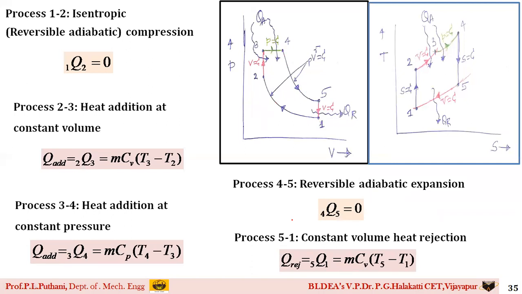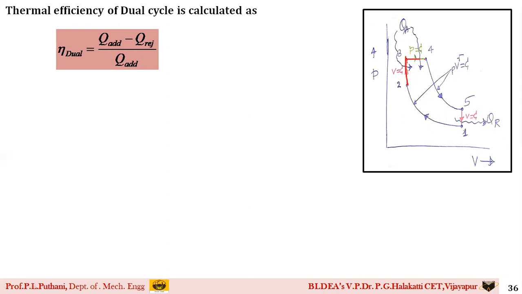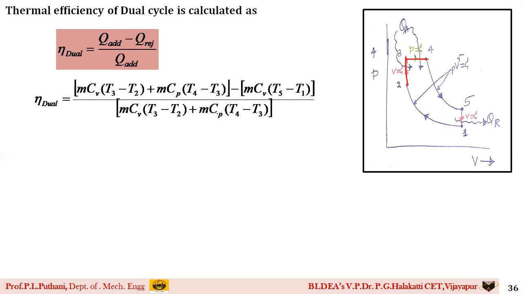Now I will calculate the thermal efficiency of this dual cycle, that is heat addition minus heat rejection by heat addition. Remember students, very important step here, the heat addition takes place in 2 stages, that is 2 to 3 as well as 3 to 4. So the equation becomes like this: this is for process 2 to 3, mCV (T3 minus T2).